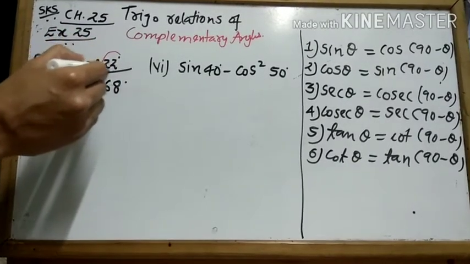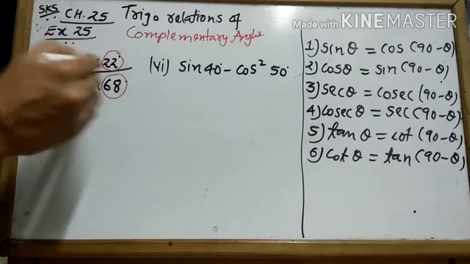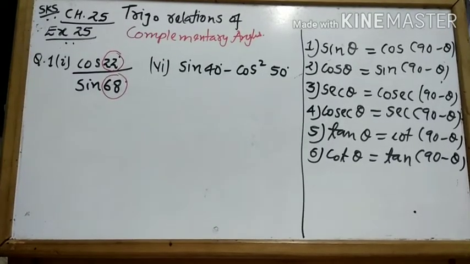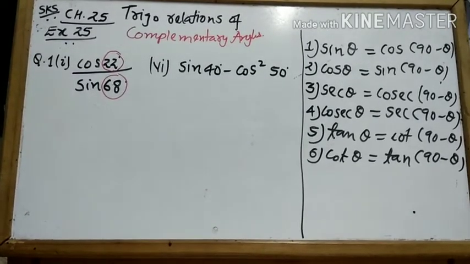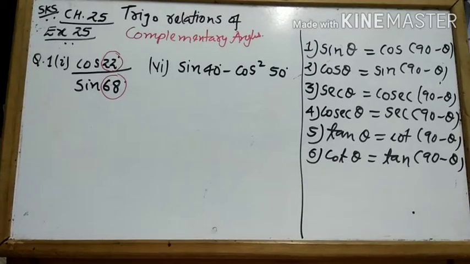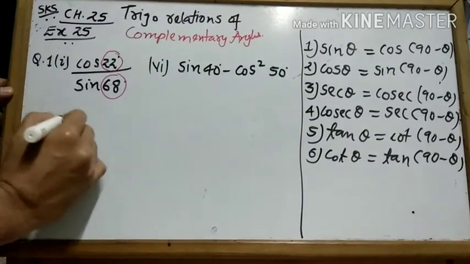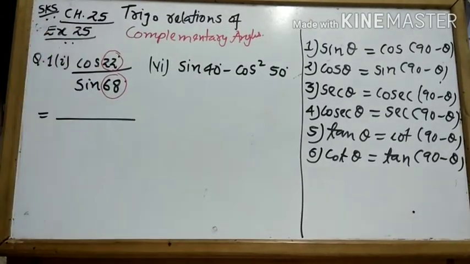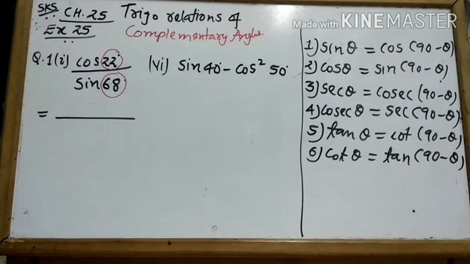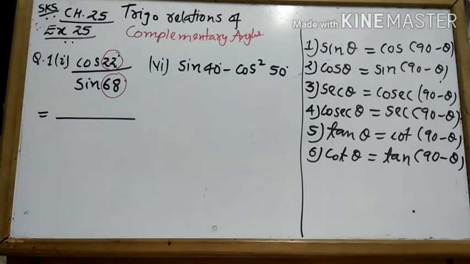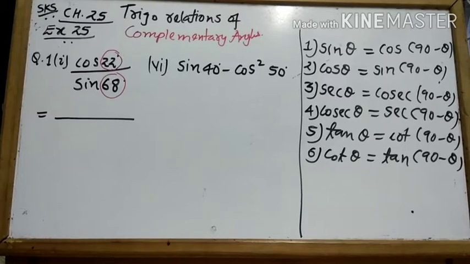If you observe this 22 as well as 68, if you add up, you can add up mentally, it comes as 90. So these two are complementary angles of each other. Only one pair of complementary angles is given, so out of that, only one angle I will change.